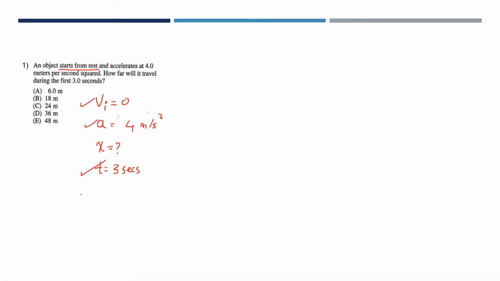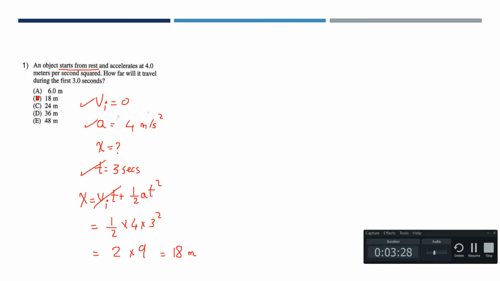X equals V initial times time plus half AT squared. We have an initial velocity of 0, so this term is cancelled. Half times 4 times 3 squared. Half times 4 is 2. 2 times 3 squared, which is 9, so we have 18 meters. The answer is B.